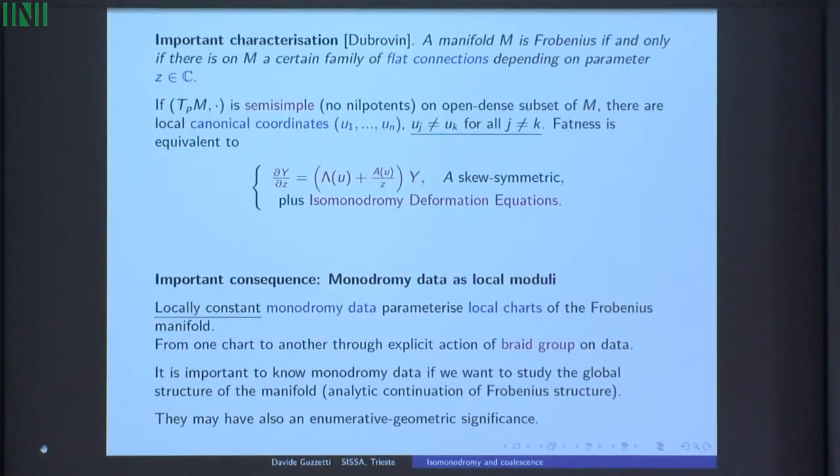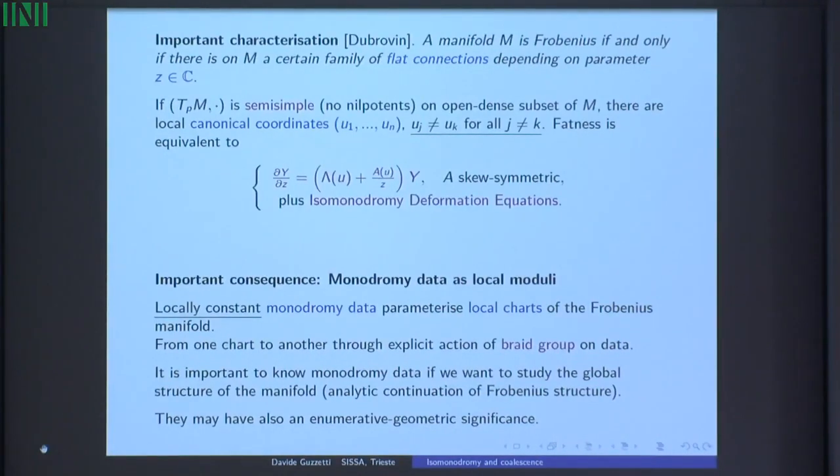There is an important consequence of this characterization, namely the monodromy data of this system, which are locally constant because the system is isomonodromic. So they locally do not depend on where you are in the manifold. So they become a way to parameterize locally the manifold.